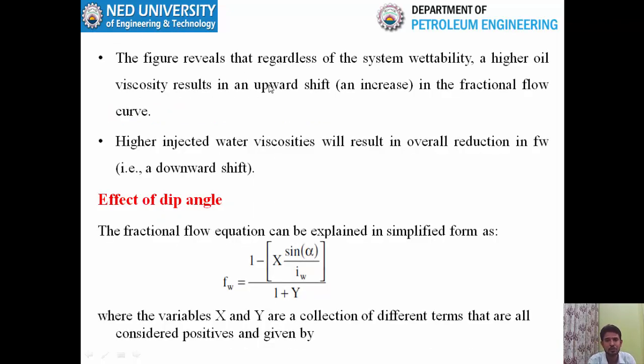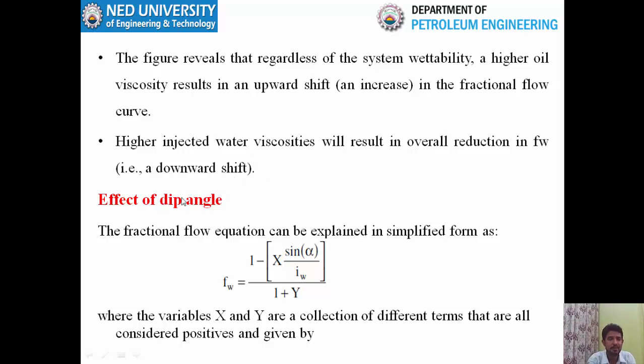Basically, regardless of the system variability, the higher oil viscosity results in an upward shift in the fractional flow of water. We have also seen the effect of higher injected water viscosity on the FW curve, and we have seen that with an increase in water viscosity, the FW curve will move to the right side, and basically it indicates that with higher viscosities you will get the highest recovery of oil.